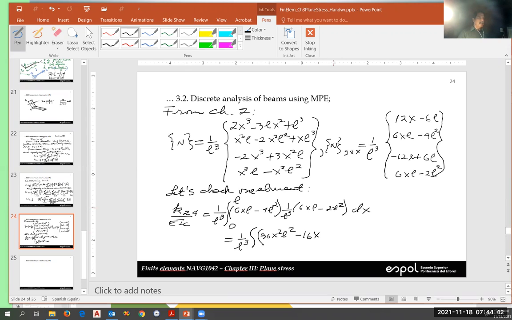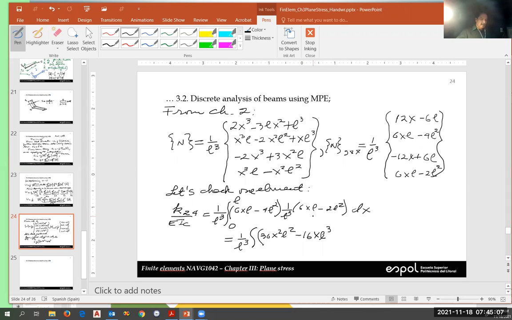This times that gives you minus 12, and this times that gives you minus 24.